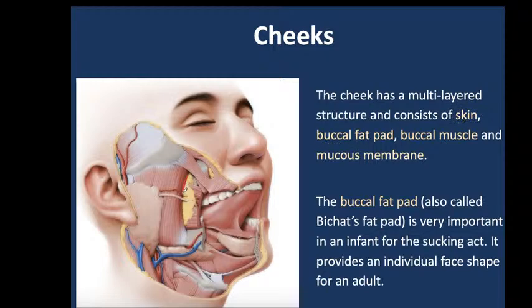Here is the buccal fat pad. We call it also corpus adiposum buccae in Latin, or it is named the Bichat fat pad. Bichat was a French anatomist, and this fat pad is named after Bichat.